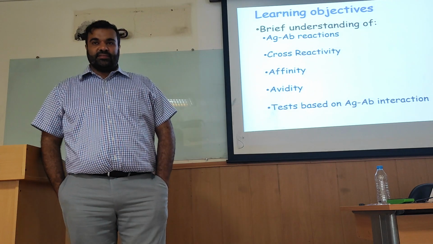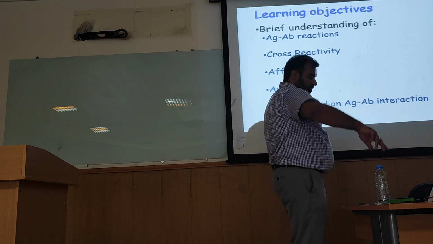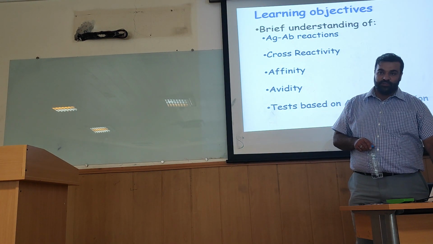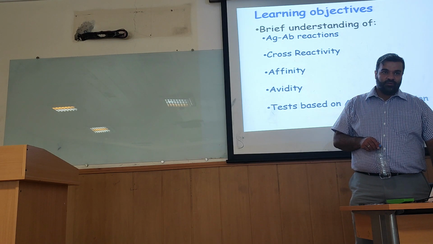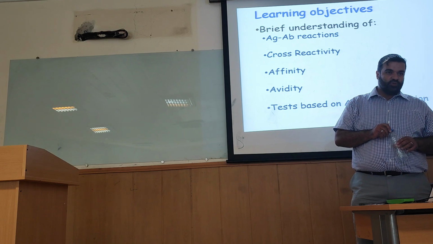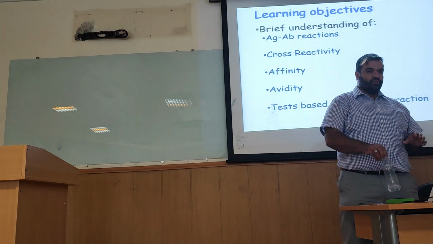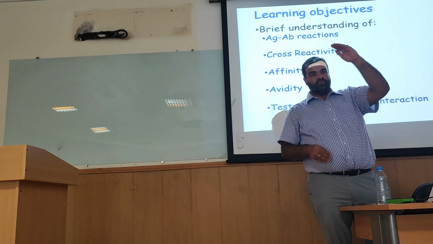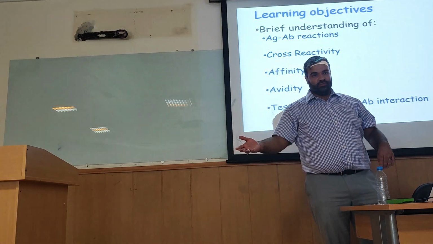When we have excess, you remember the peak that we had? When we have excess antibody, is it prozone or postzone? A, prozone, or B, postzone? So you remember, excess antibody, then equivalence, which forms immune complex, and then it goes back down, excess antigen.